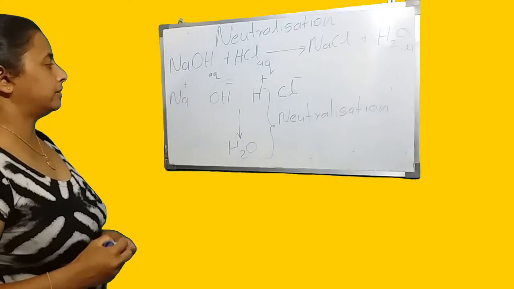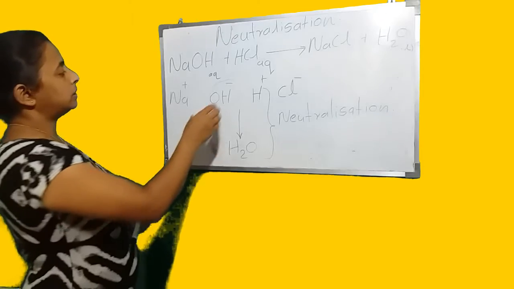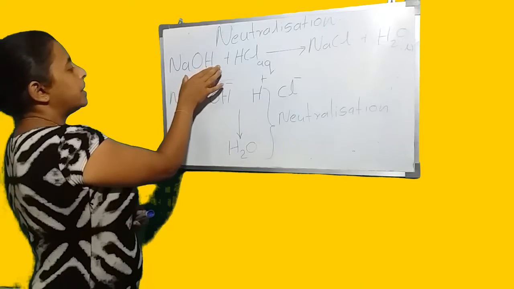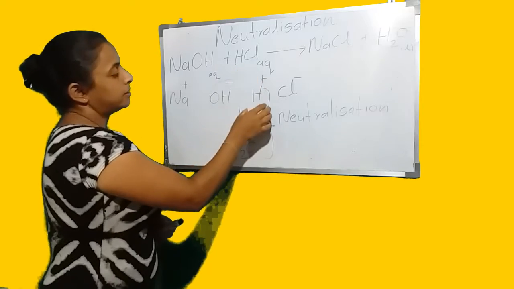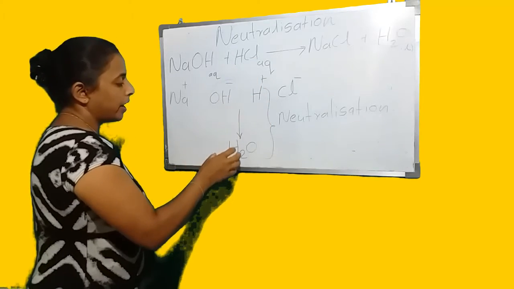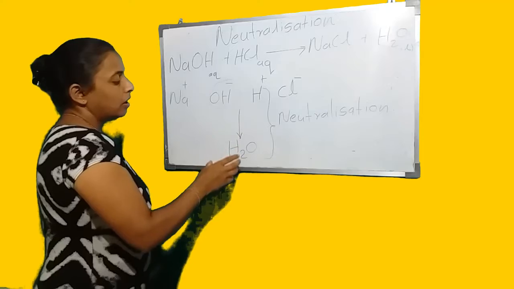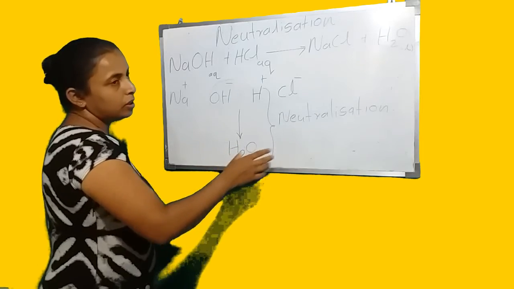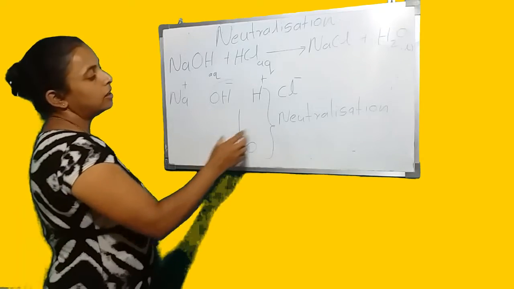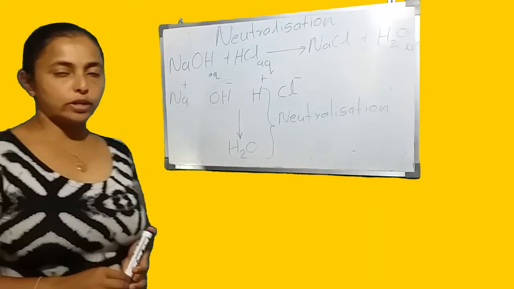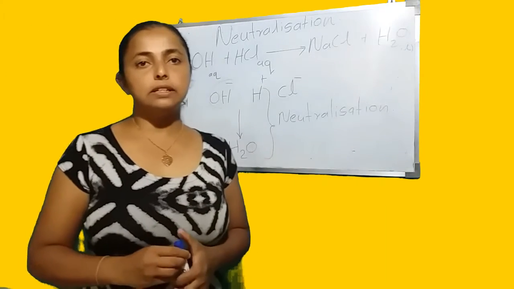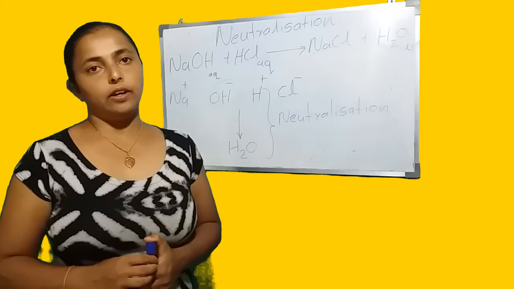What is neutralization? OH ion comes from the base and H ion comes from the acid, combine to produce a water molecule. That is neutralization. In day-to-day life, we use this neutralization.